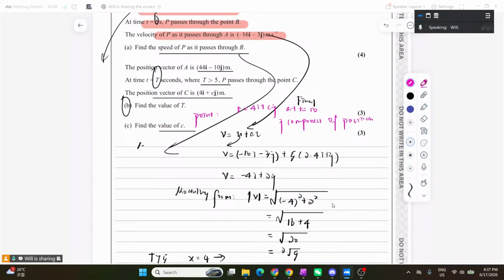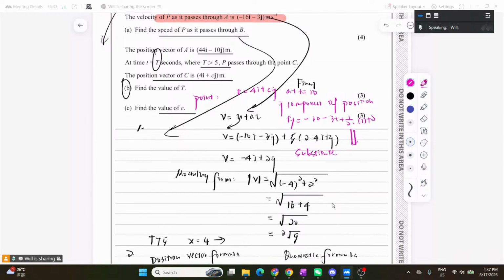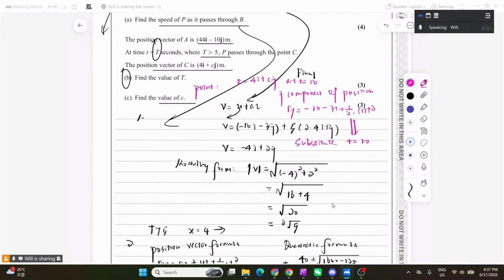No problem. So Ry actually equals -10 minus 3t plus 1/2 times 1 times t squared. Then we can substitute, right? Substitute t equals 10 into the equation.